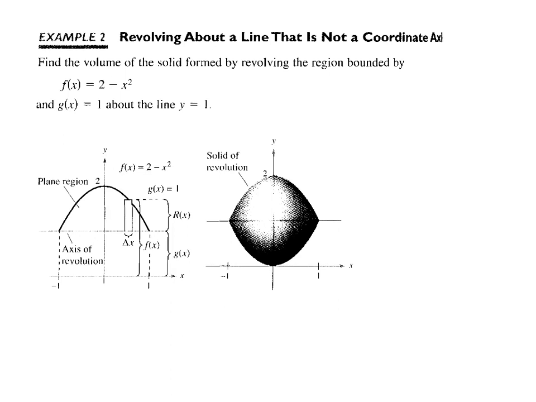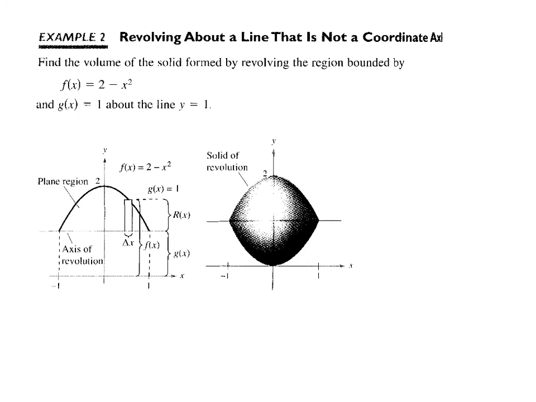Okay, so here's a case where we have something a little bit different. We're not revolving it around the x-axis, we're revolving it around some other horizontal line. Let's see what we're dealing with here.